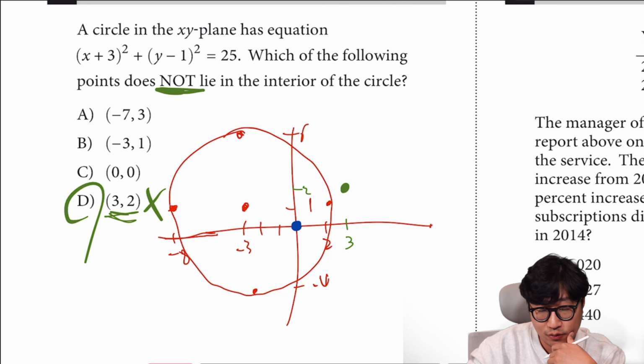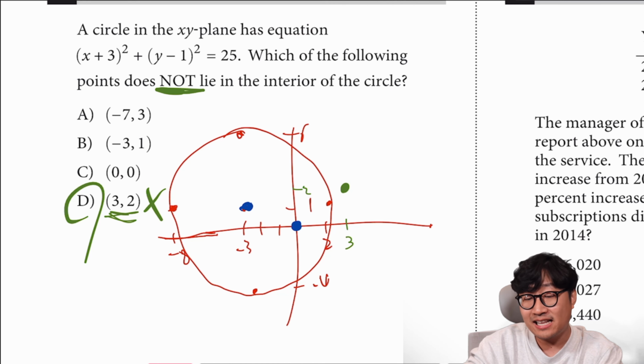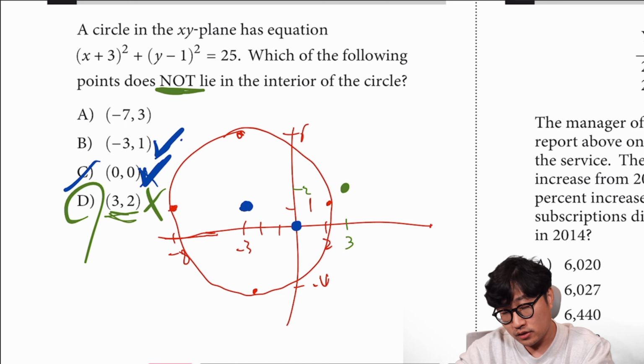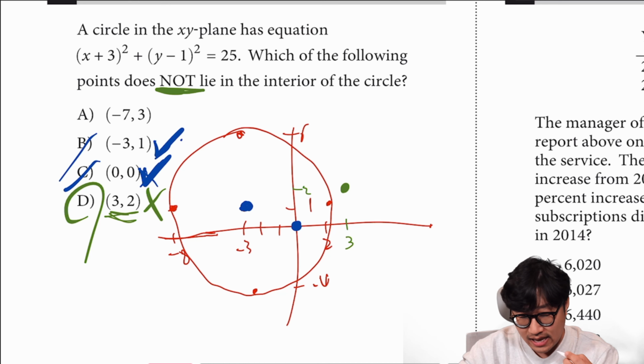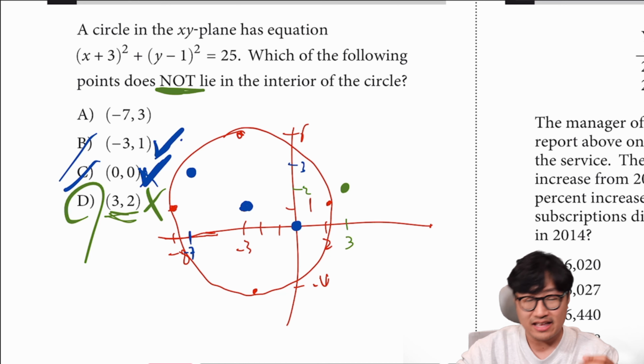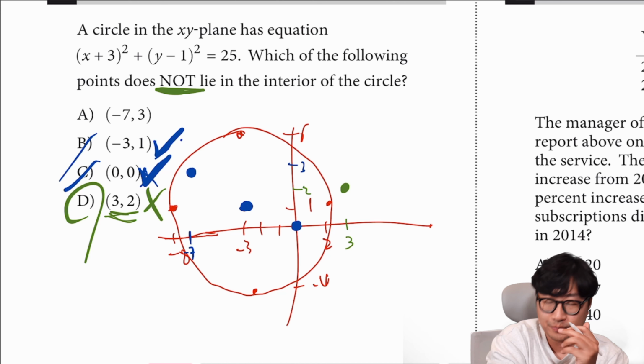If you look at B, negative 3, 1. Yeah, that is the center of the circle, aka it's got to be inside the circle. So that's fine, which is why that's also out too. And negative 7 and 3, well, that'll be like negative 7 right there, and then 3 up there. So somewhere like there, and that's probably going to be inside the circle.